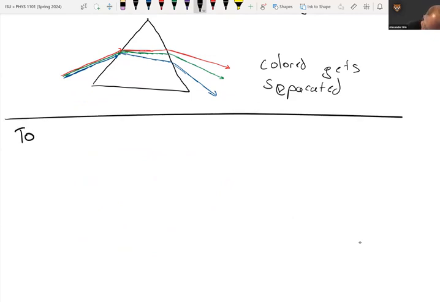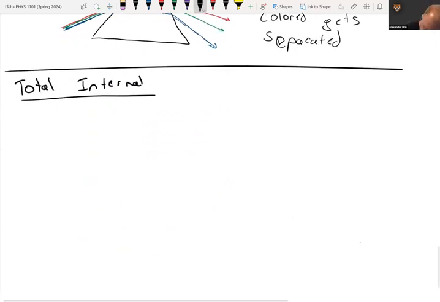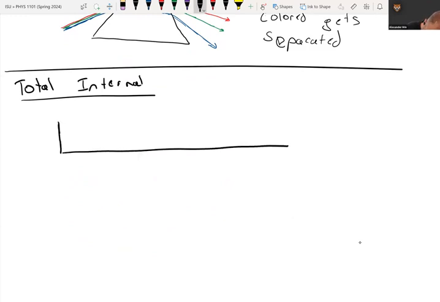Now, what I'm going to do is pose an example. What we have here is just a long piece of glass. One end is right here. The other end, for the most part, the piece of glass is just going to continue on.